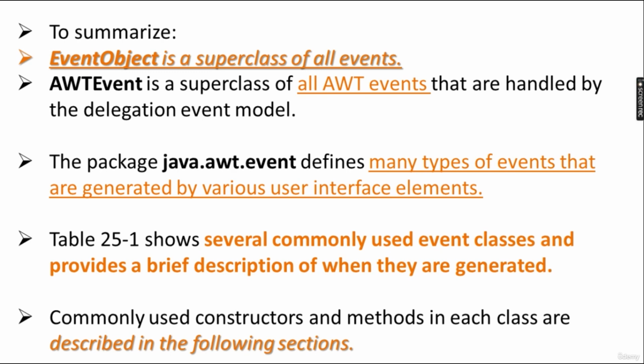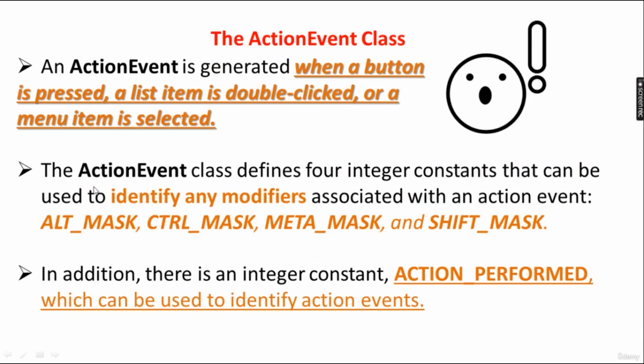Commonly used constructors and methods in each class are described in the following sections. ActionEvent class: an ActionEvent is generated when a button is pressed, a list item is double-clicked, or a menu item is selected.